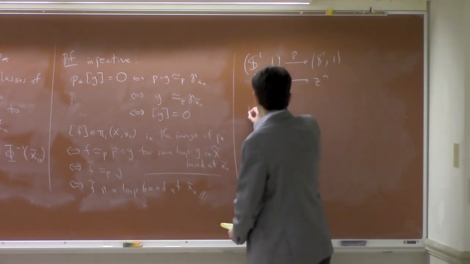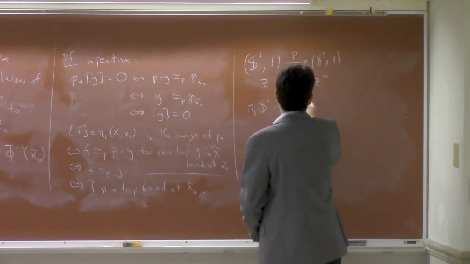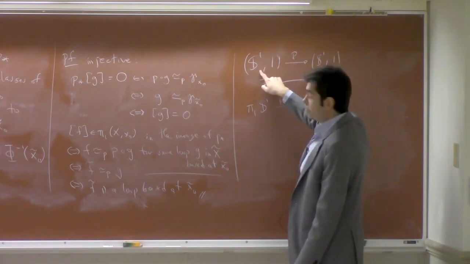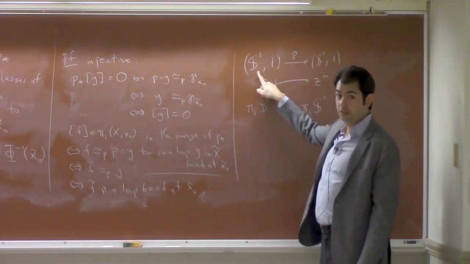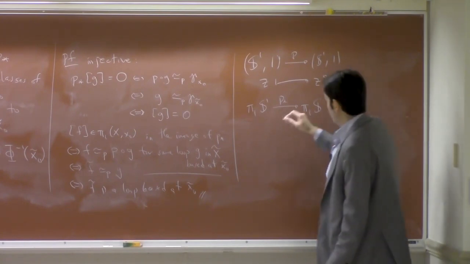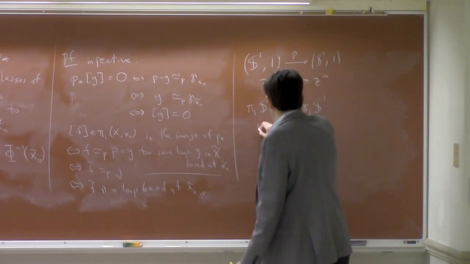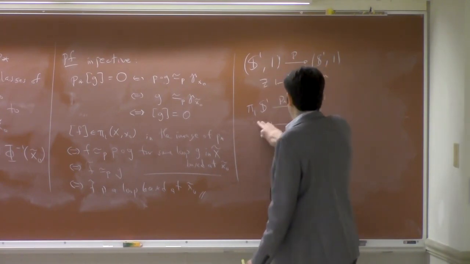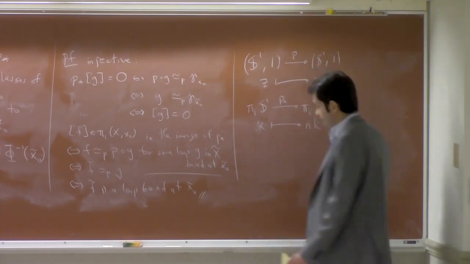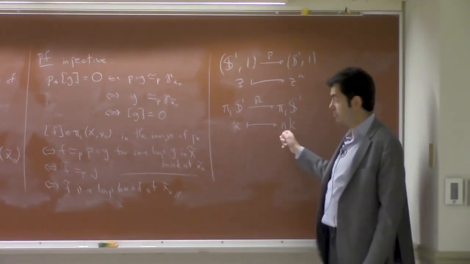Okay, so this induces a map on the fundamental group. And a loop that goes around the circle once here, well, you're going to go around the circle n times here. So an arbitrary element goes to n times that element here. All right, so this is a map from the integers to the integers. It just multiplies by n.